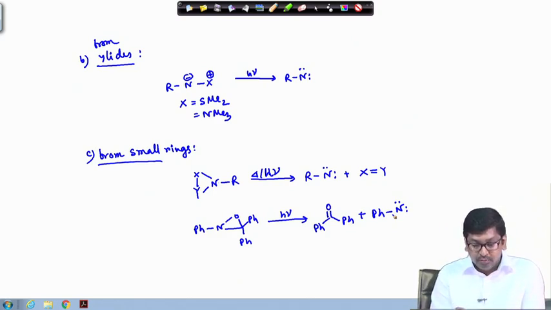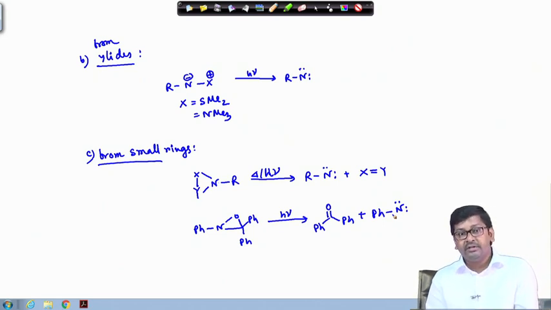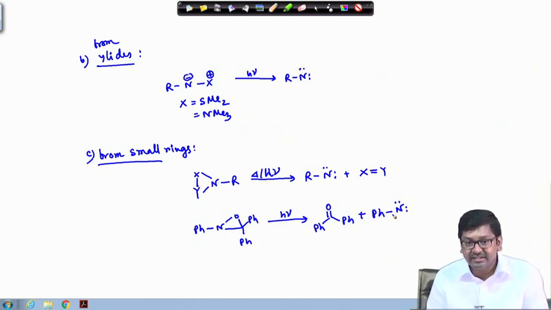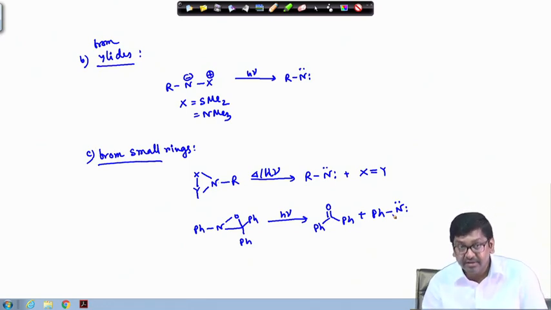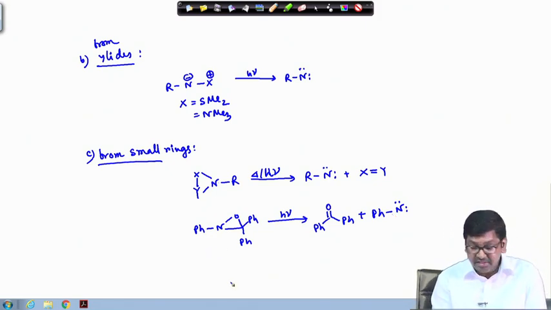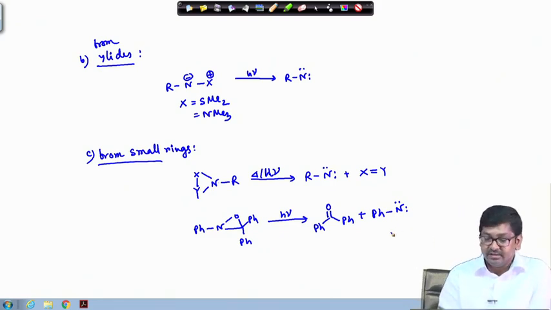So there are three ways that we have discussed so far. One is from the azides, which is very common and famous. Then nitrenes can be generated through ylides, or from various small rings, whose decomposition leads to the corresponding nitrene and elimination of small molecules. In this case, the oxaziridine ring gives a keto compound, a benzophenone type of molecule, and the nitrene is generated as the reactive intermediate.